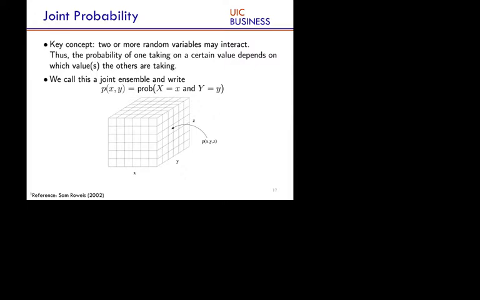So joint probability is just the probability of capital X taking a value x and capital Y taking a value y, which is a number, right? In this diagram, it's actually a 3D tensor, and each cell corresponds to the probability of the three random variables taking a particular configuration, a particular set of numbers. Is that clear?